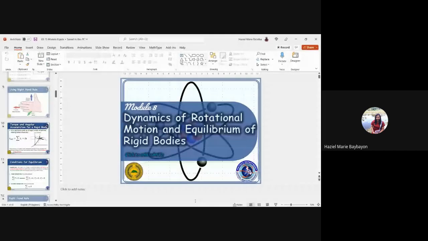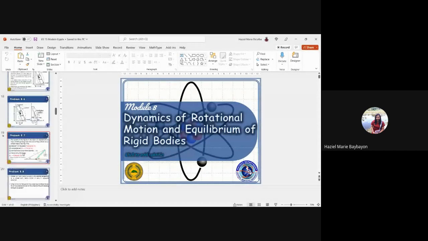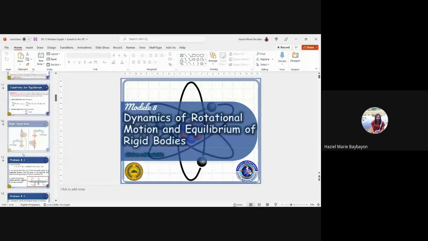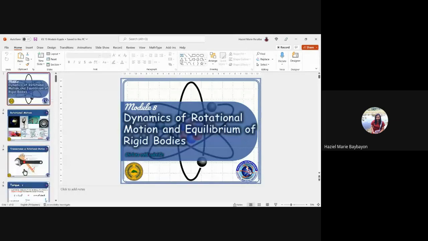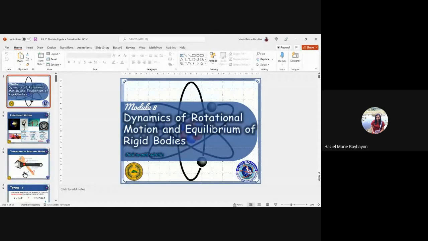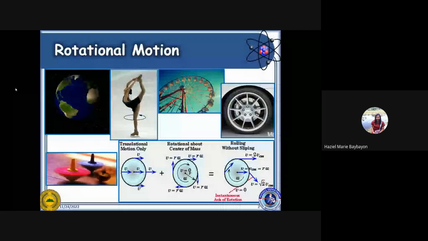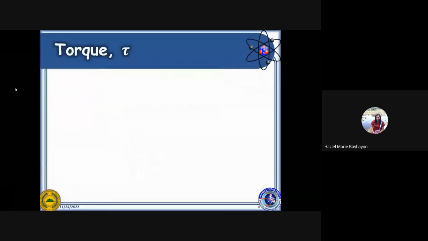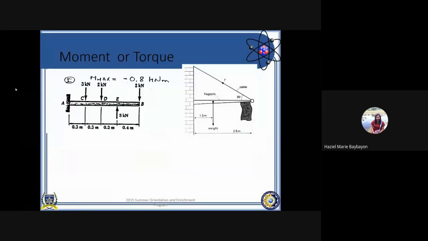And then for rotational dynamics, you have this one. Let me share another slide. We already discussed this, class. We discussed all the lecture parts of this.